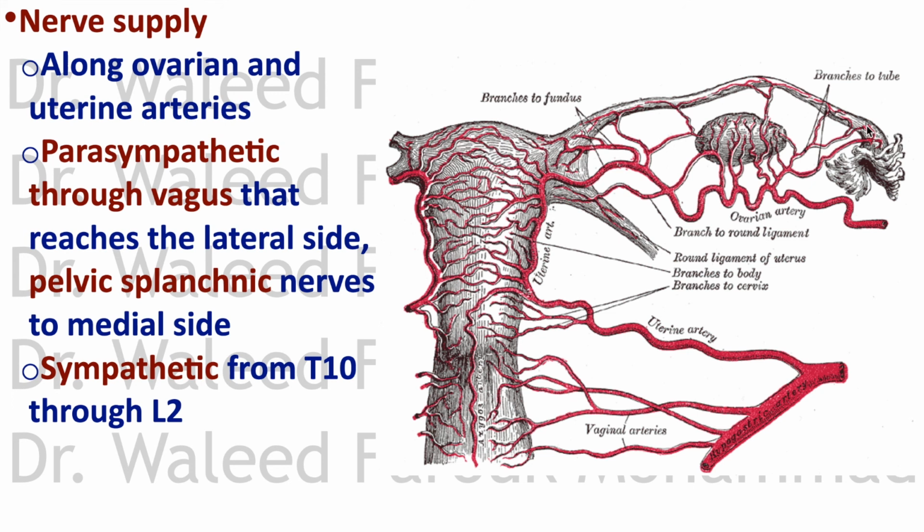And for the sympathetic, the origin is from T10 through L2, the lower segments of the spinal cord, not the very low, but from T10 to L2, the site of the sympathetic outflow.